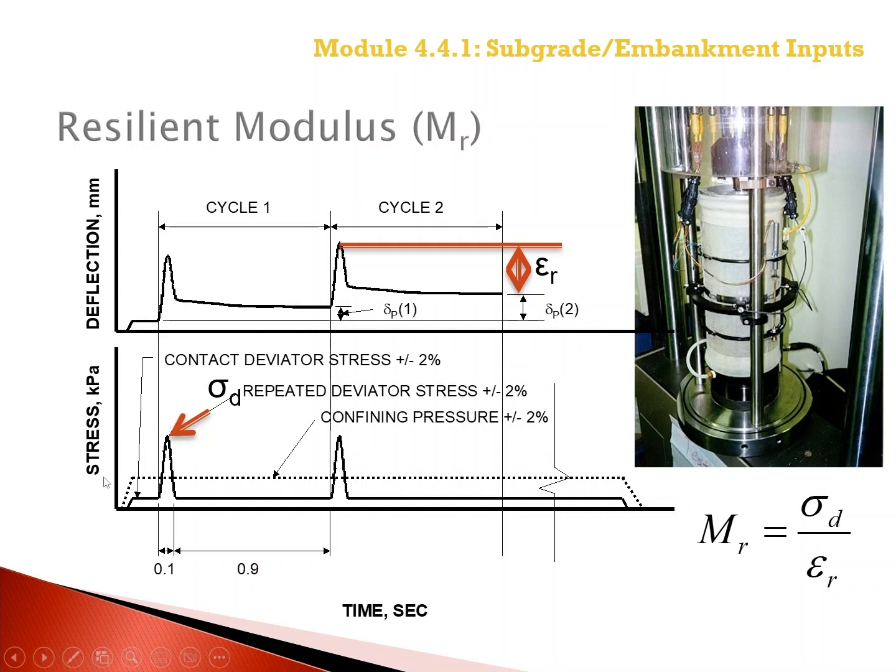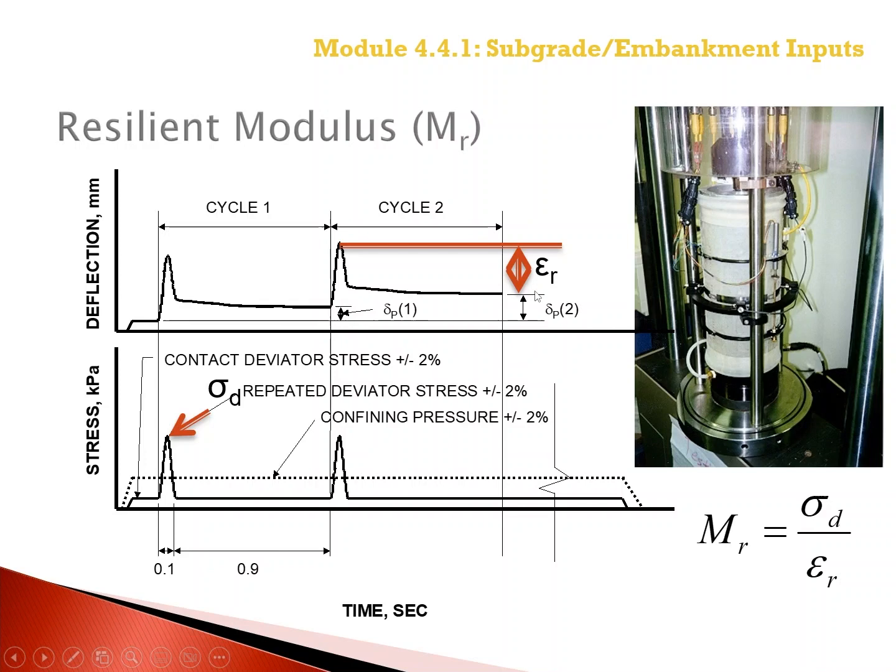The lower graph shows the repeated cyclic stress, the deviator stress, applied to the test specimen, and the upper graph shows the total deformation that the specimen feels. In other words, the deformation as the load is applied, the deformation recovers as the load is removed, and then there is a time-dependent recovery.